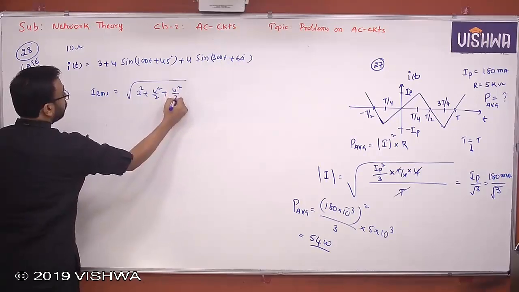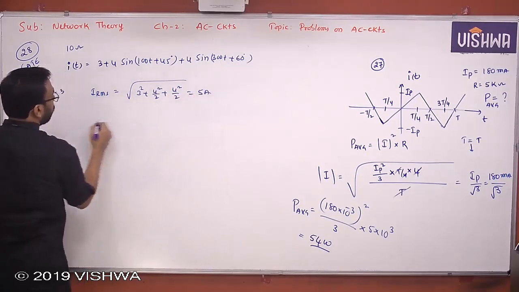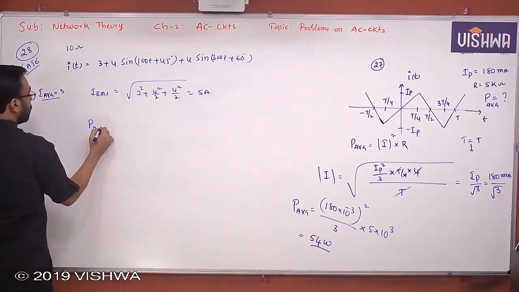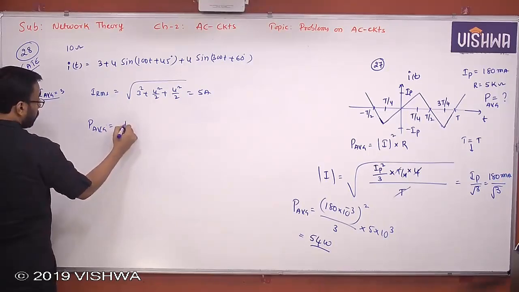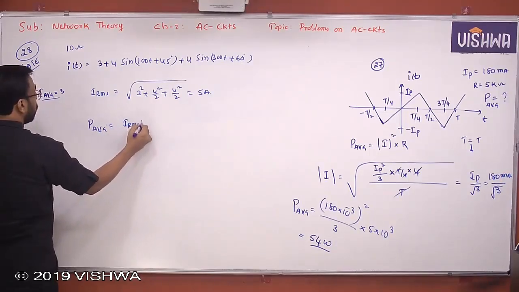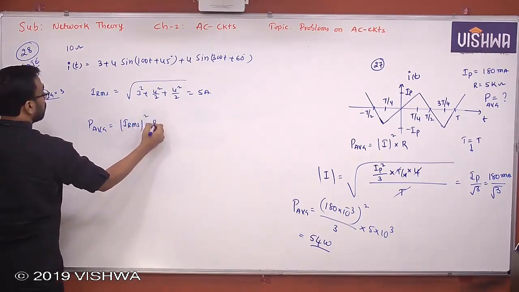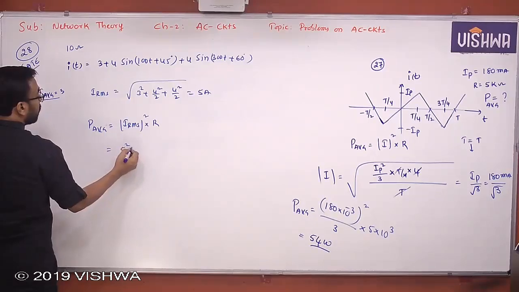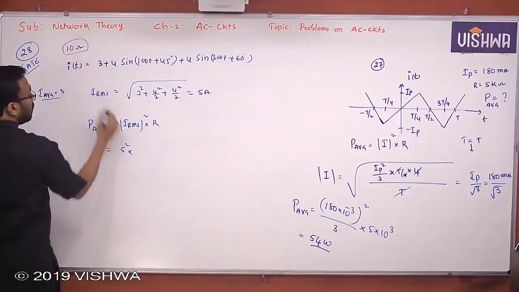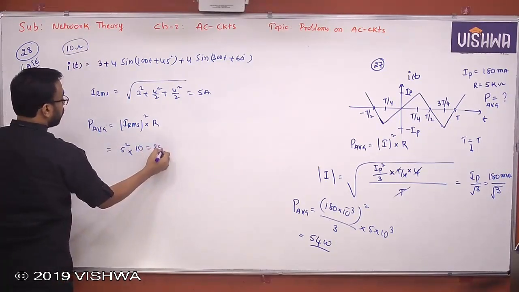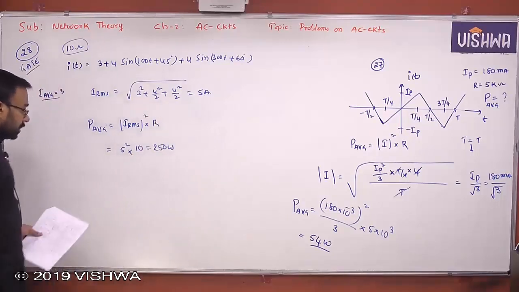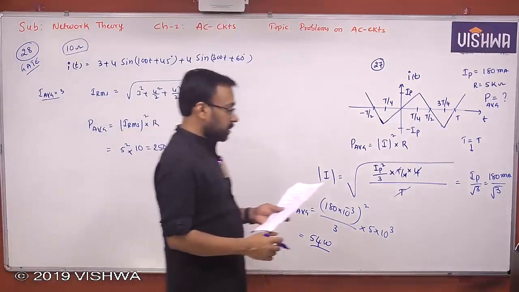Finally you get 5 amperes. What is the power? Average power is nothing but I RMS square into resistance. So this is 5 square into the resistance, how much? 10 ohm, 250 watt. Clear? Very simple question.